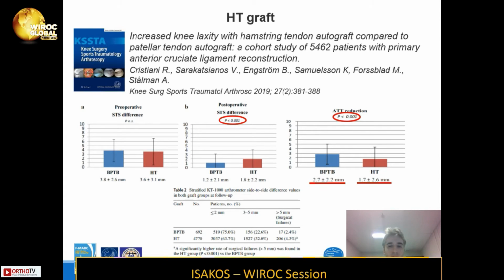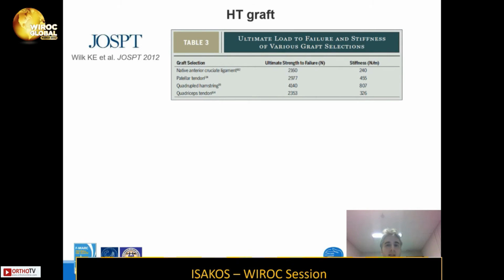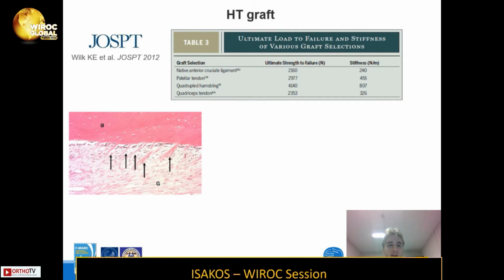Also, if we look at the stratified KT1000 arthrometer side-to-side values according to the IKDC, the number of so-called surgical failures, side-to-side more than 5 millimeters, was significantly higher in the hamstring tendon group compared with the bone patellar tendon bone group. And these differences are probably due to the differences in healing at the healing interface in the bone tunnels.